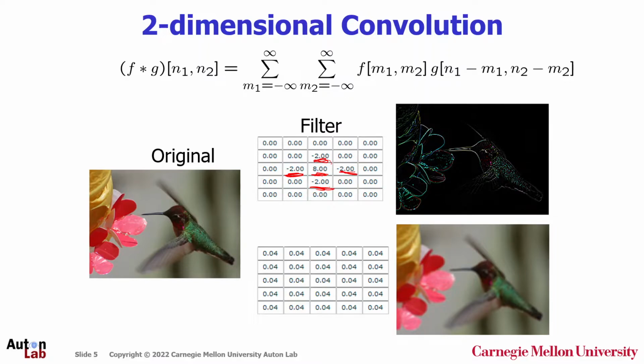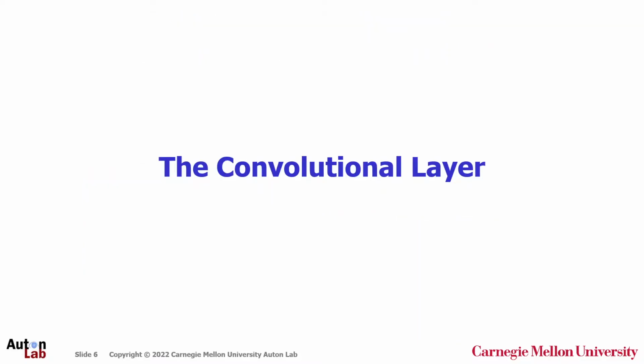The convolutional neural networks will use convolutional filters, and the kernels of these convolutions will be the parameters of the neural networks. Now that we know what the convolution is, we can define the convolutional layer in neural networks.